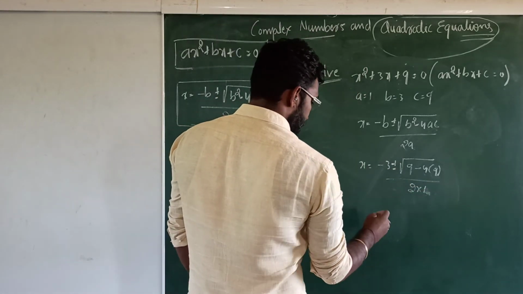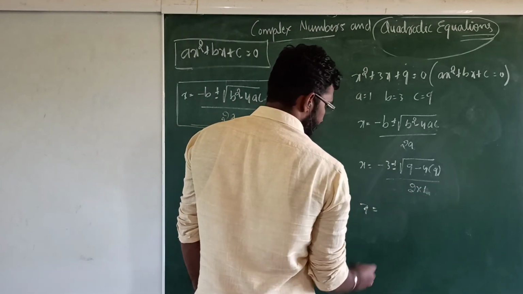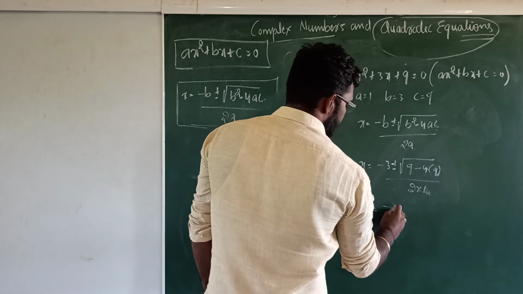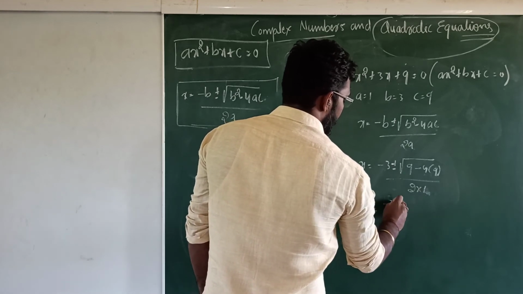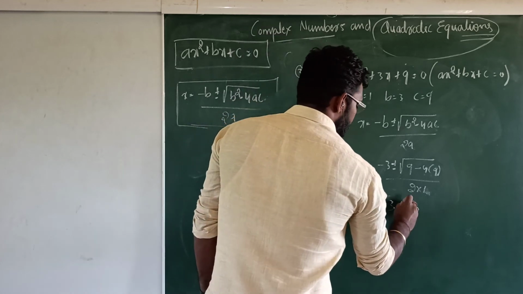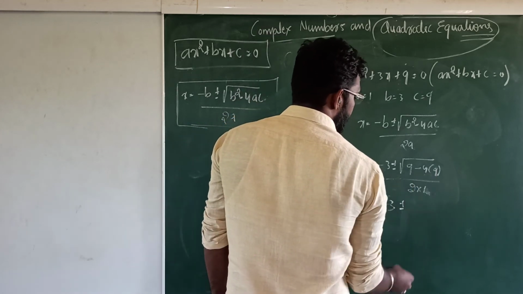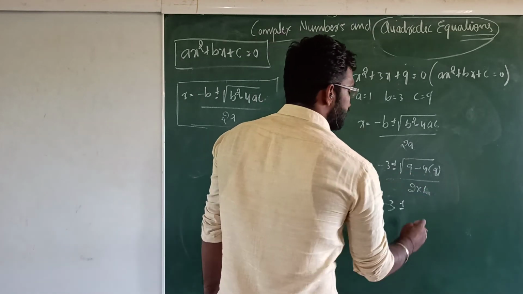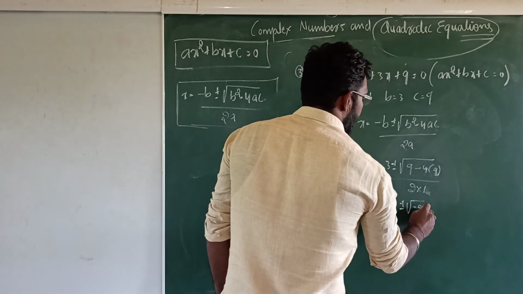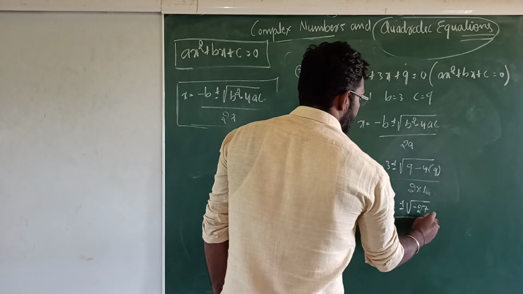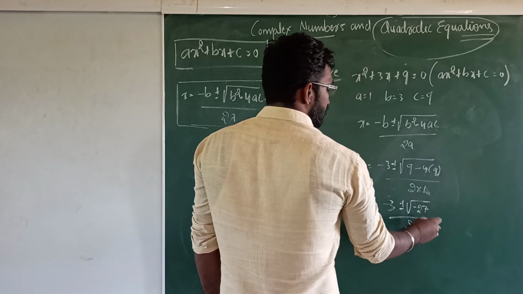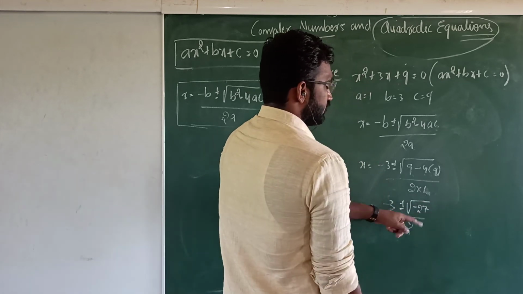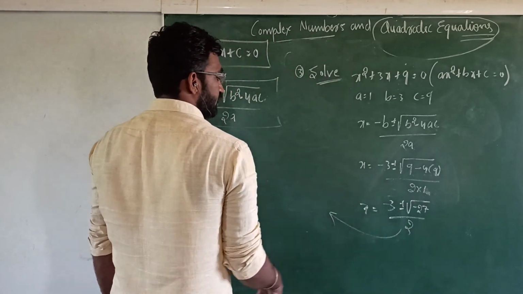Just a simplification: x = -3 as it is, plus or minus √(9 minus 4 nines are 36, 9 minus 36 is -27) divided by 2. So -27 can be written simply like this.